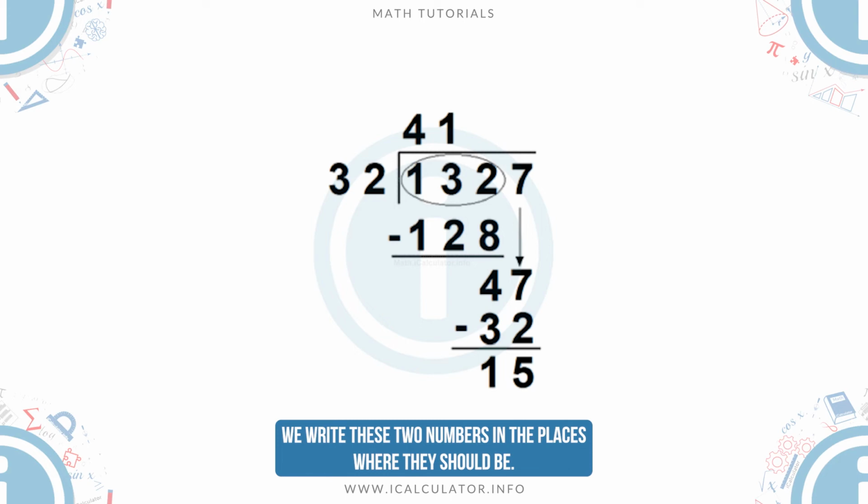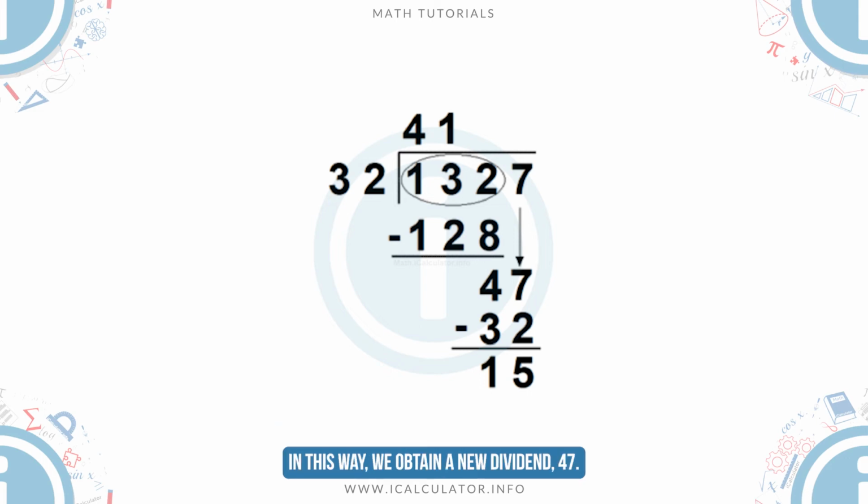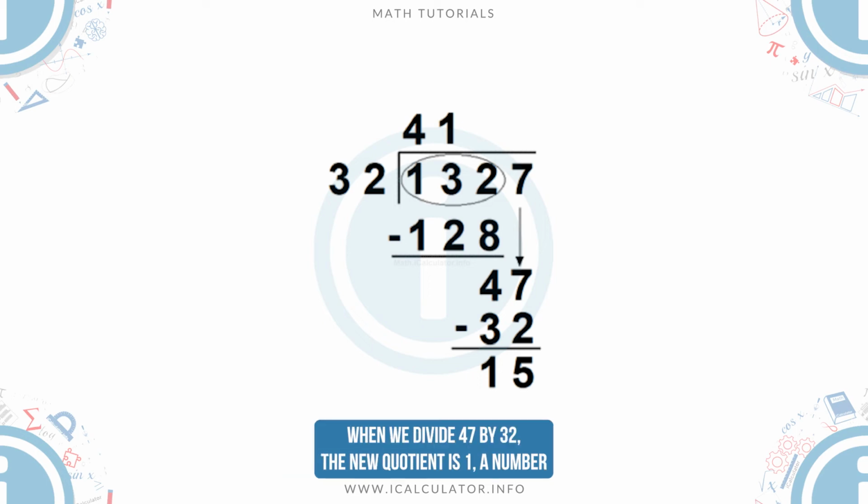We write these two numbers in the places where they should be. Then, we write the last digit of the dividend on the right of remainder. In this way, we obtain a new dividend, 47. When we divide 47 by 32, the new quotient is 1, a number which we write on the right of the original quotient.